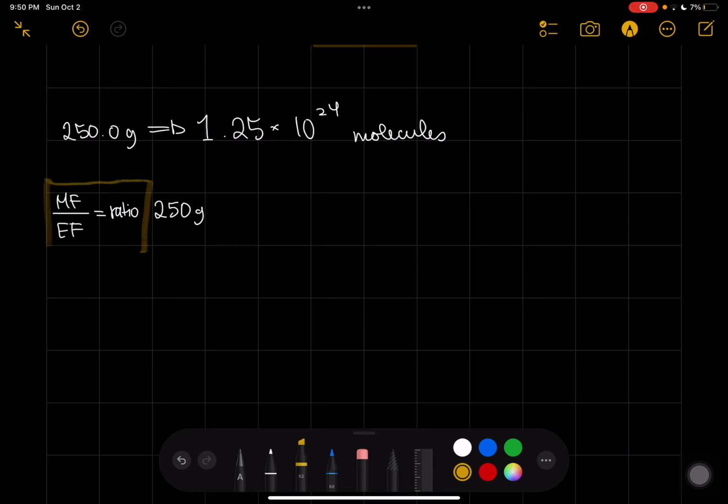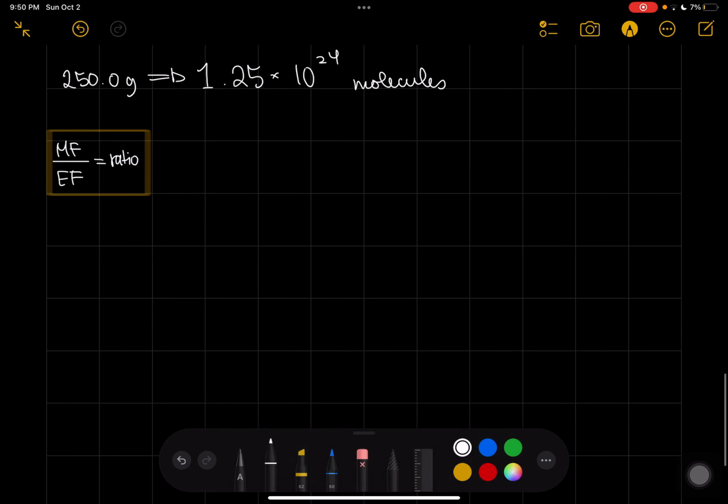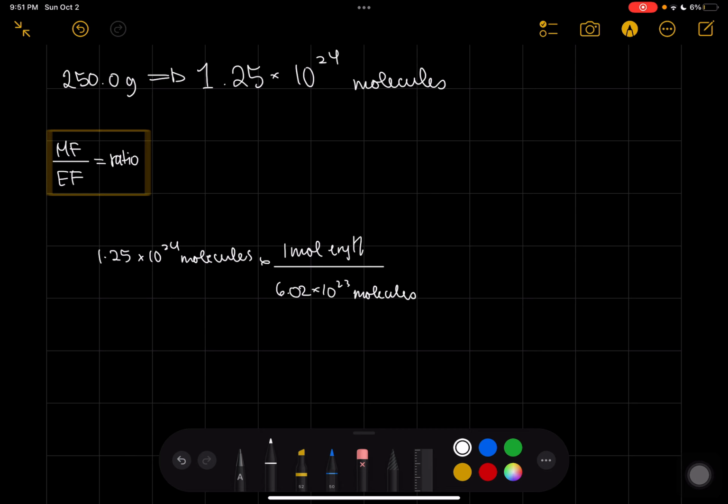We have 250 grams, and we want to find grams per mole actually. So we need to make this into moles. We have 1.25 times 10 to the power 24 molecules. In 1 mole, we have 6.02 times 10 to the power 23 molecules, and we have 1 mole of erythrose.